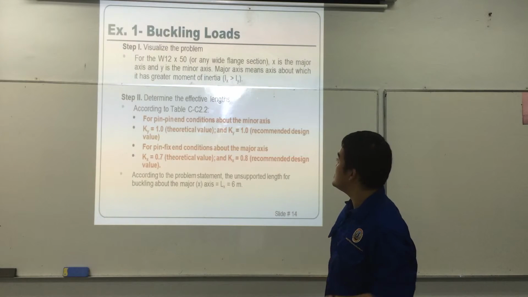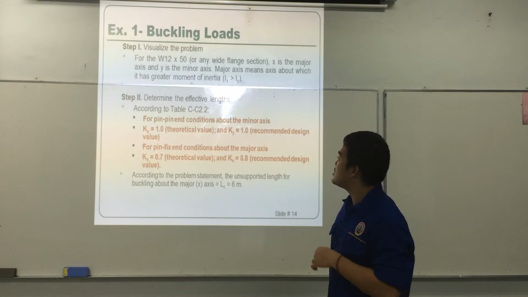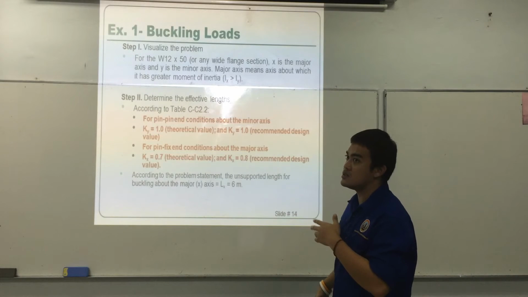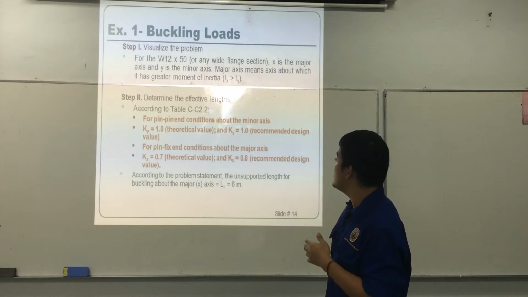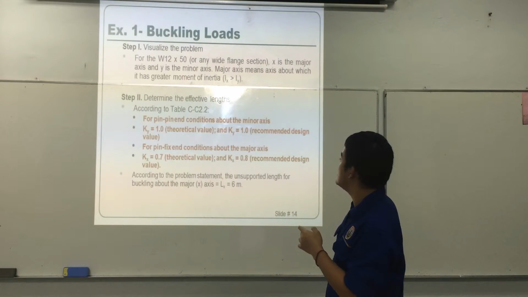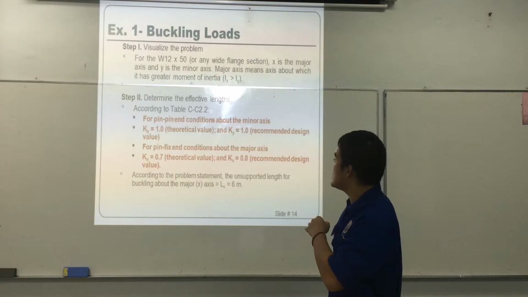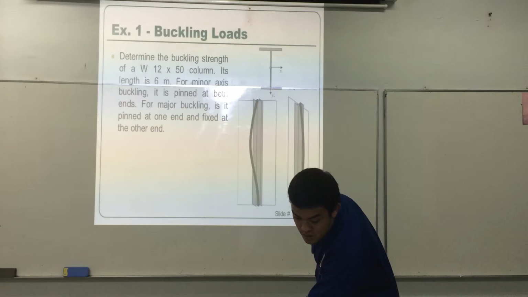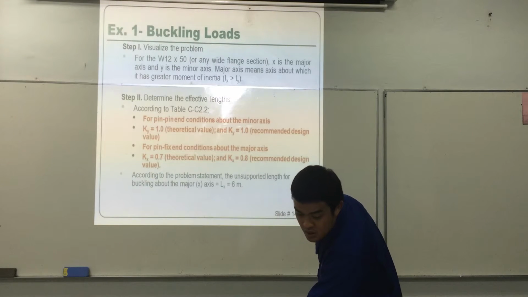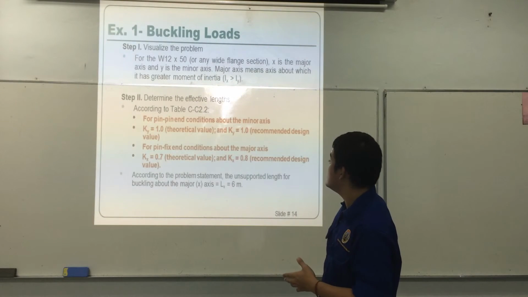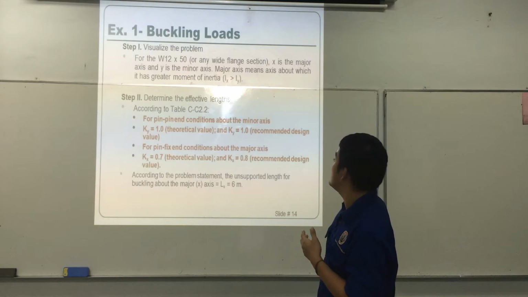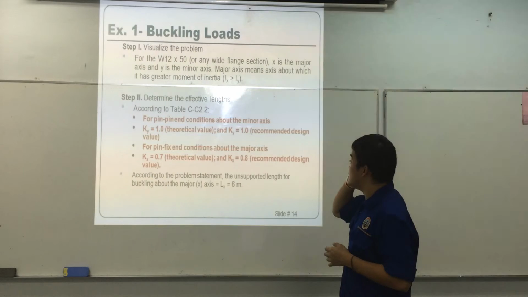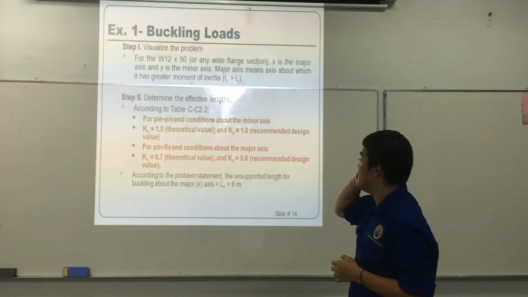Step 2 is the effective length according to the table. For pin to pin end condition about the minor axis, they give us Ky equal to 1.0 as the theoretical value, and Ky of 1.0 is the recommended design value.